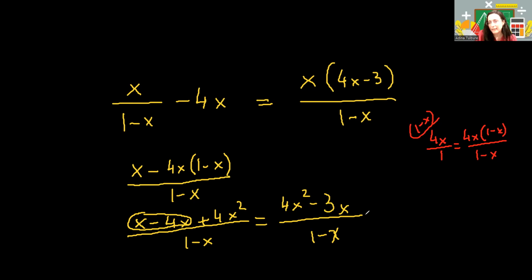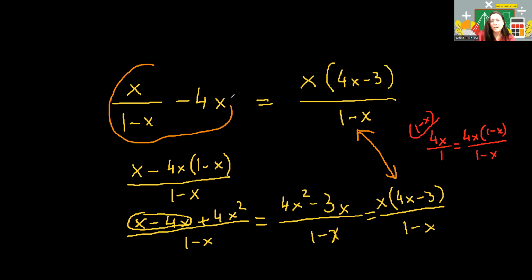And now I can factorize this expression. x times 4x minus 3 over 1 minus x. And what did I do? I've just proven how I got from here to here.